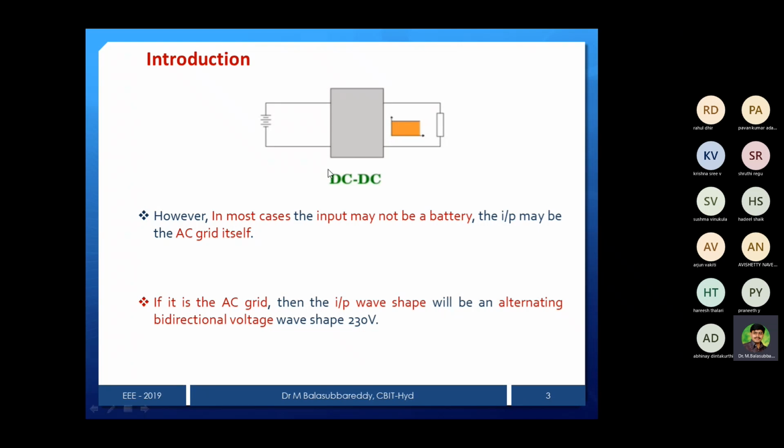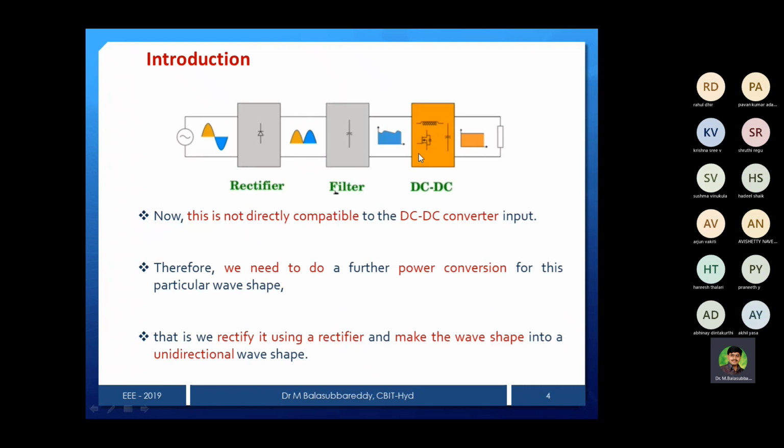Only then can you connect the DC to DC converter. For that I used this circuit. If AC is available, you convert it into DC using a diode rectifier, then use the filter to filter out the ripple, and you get it more or less as a straight line. Then you use a DC to DC converter.